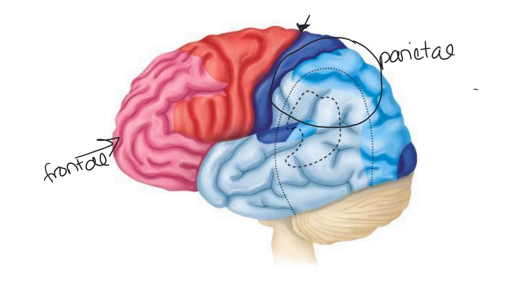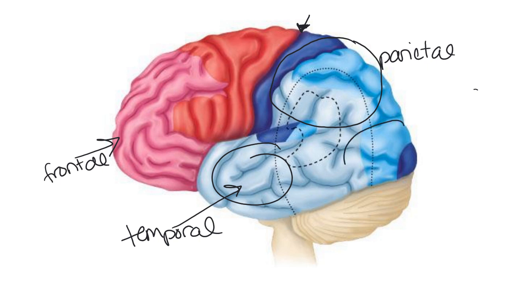Okay, so the parietal lobe, the temporal lobe is the one out here on the sides by your temple. You'll notice these are the same as your bones, right? Parietal bones are on top of your head, frontal bones on the front of your head, temporal on the side. Okay, and then the occipital lobe is the one back here at the back. And so we're not really going to talk about each individual lobe because we're going to talk about parts within the lobe and what those particular parts do.